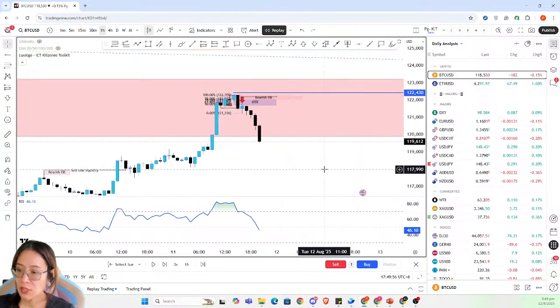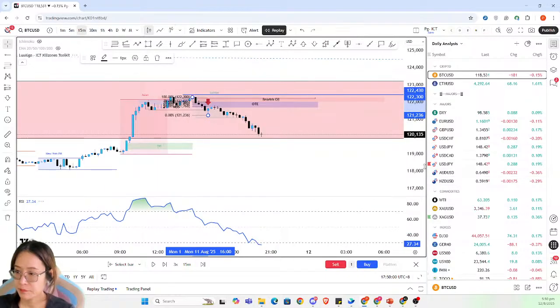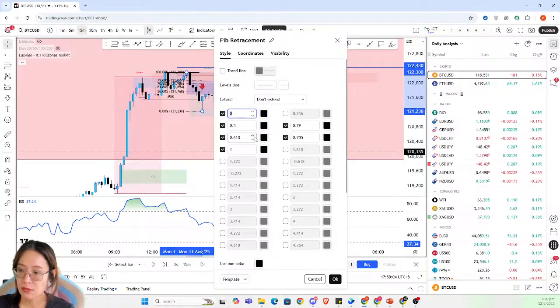Okay, and your take profit, where is your take profit? Your first TP is going to be at negative 0.5, and the next, TP2, is going to be at negative 1.